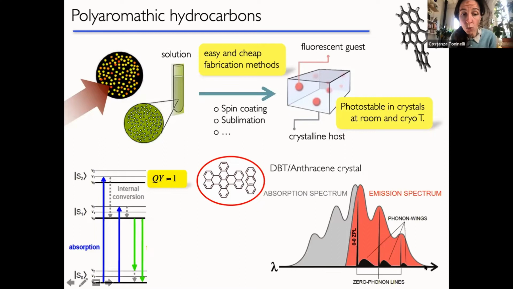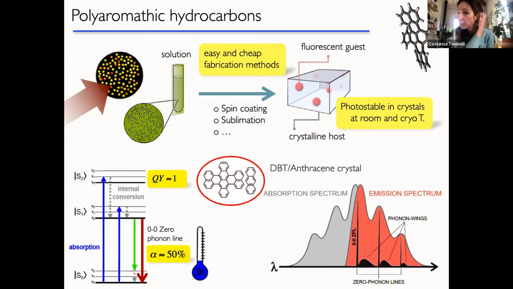However, there's only one of these lines that is potentially lifetime limited, delivering indistinguishable photons. And this is the so-called 0-0 zero phonon line, this red arrow here, that implies no phonon exchange, not even within the molecule itself. At 3 Kelvin, this has a branching ratio of 50%.